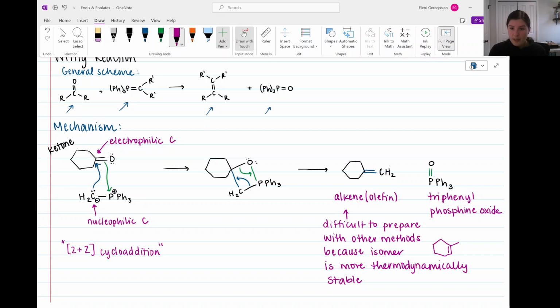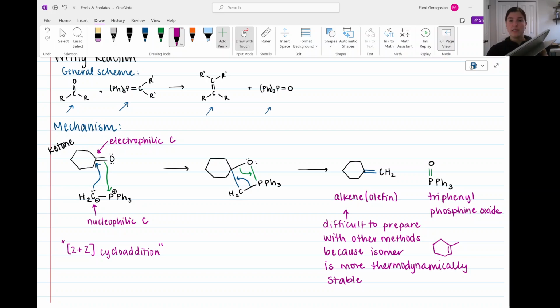So using other methods in Organic 1, we talked about elimination reactions that form a carbon-to-carbon double bond. And the more thermodynamically stable alkene would be favored in those reactions. But with the Wittig reaction, we can form this less thermodynamically stable molecule, and that's why it is favorable.